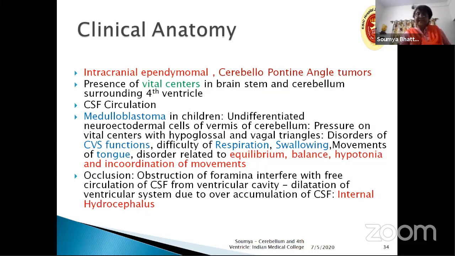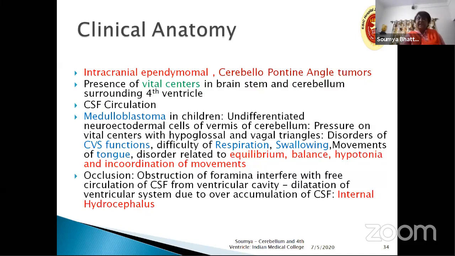Since so many vital centers are there, medulloblastoma can lead to pressure on the hypoglossal and vagal triangles and on the vestibular area, leading to disturbed cardiovascular functions, difficulty in respiration, disturbed swallowing, disturbed movement of the tongue, disturbed equilibrium, balance, and tonicity in coordination of movement.